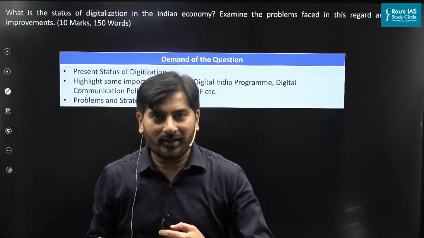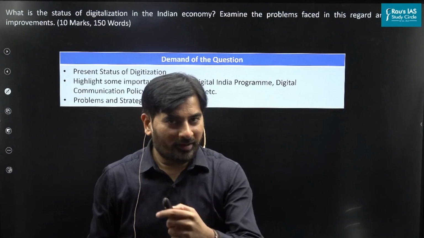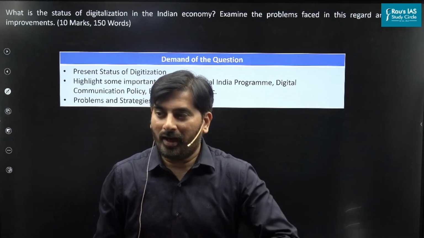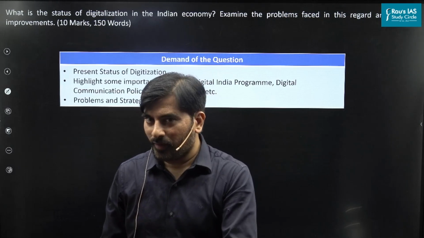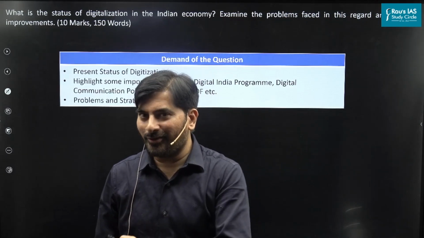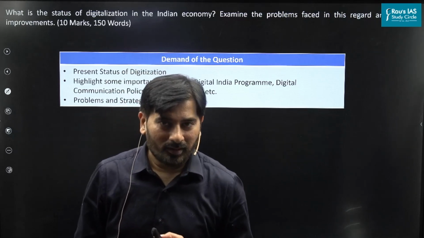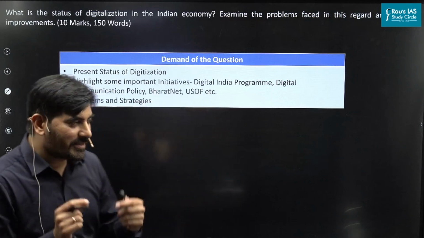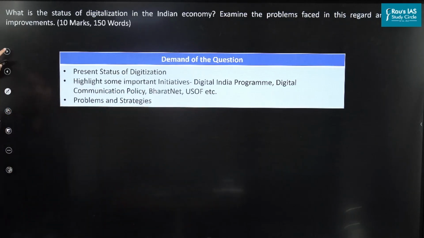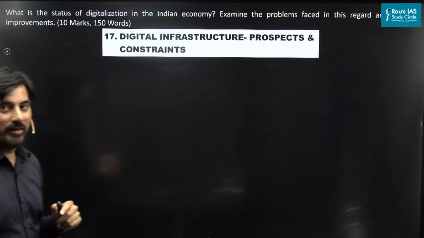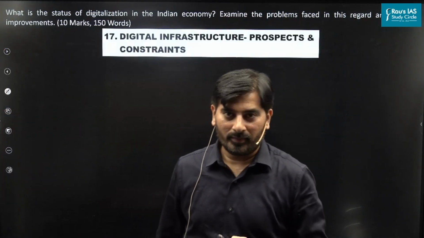So, basically, here you are required to highlight what is the present status of the digital economy in India, what are the challenges that we are facing, what initiatives the government has taken to address those challenges, and what more needs to be done. Now, all of these aspects related to the digitization of the Indian economy were covered in our mains compass.